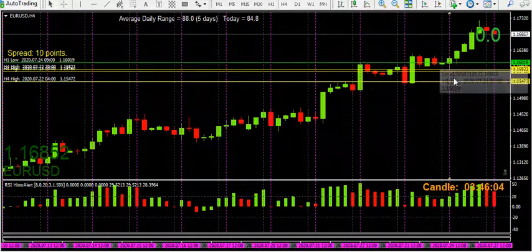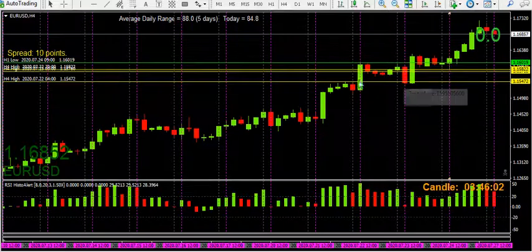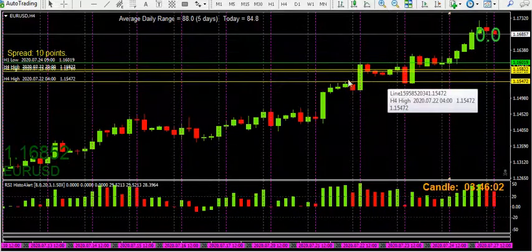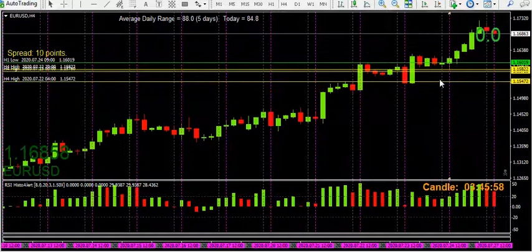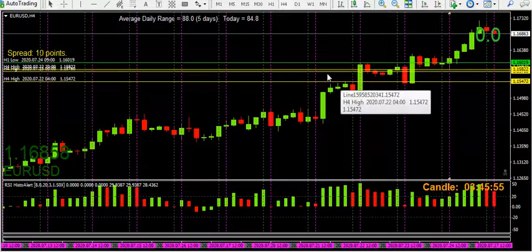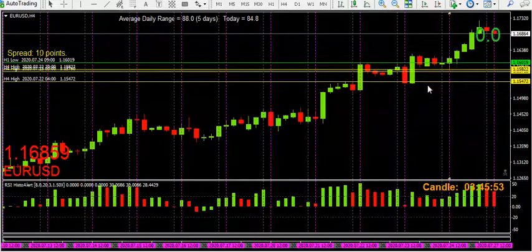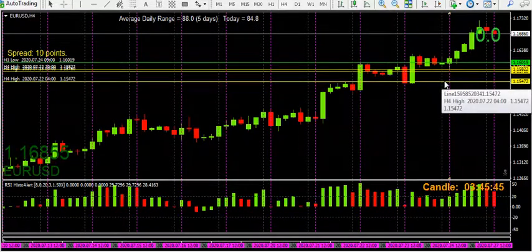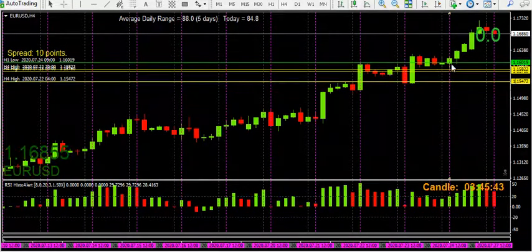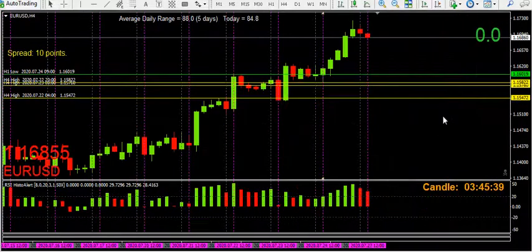You could say old demand levels to be tested as support too. These are the buyers, and they need to be tested, as it were. So that's hopefully answered your question. I know it's not perhaps what you wanted to hear, but the main thing is you always want to be trading with the trend.